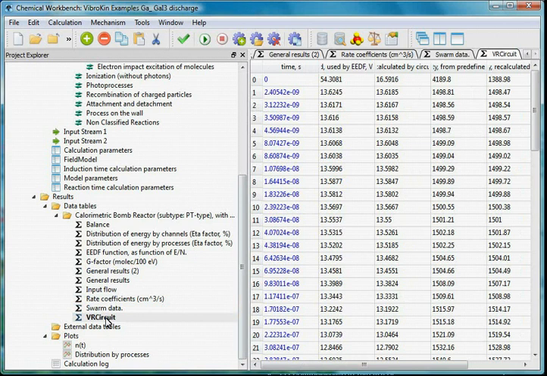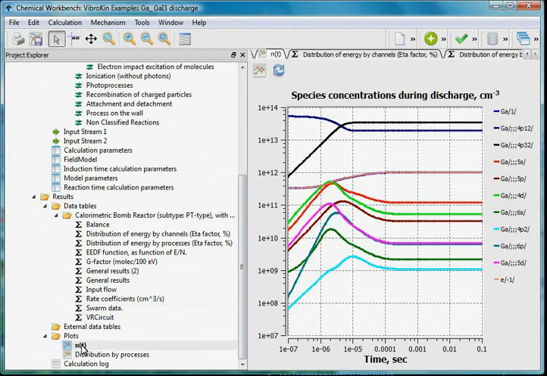For example, we can see the time evolution of species concentrations during glow discharge. The figure shows concentrations of gallium atoms in ground and electronic excited states, electrons and positive ions of gallium versus time. At time 0.001 second, concentrations reached their steady state values.